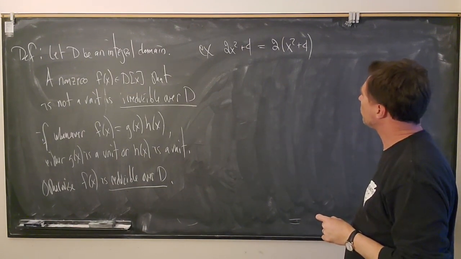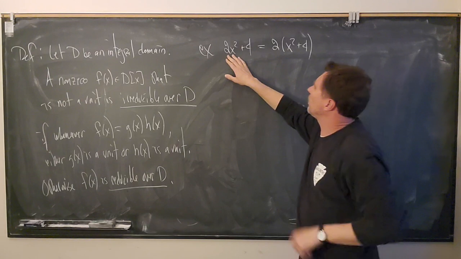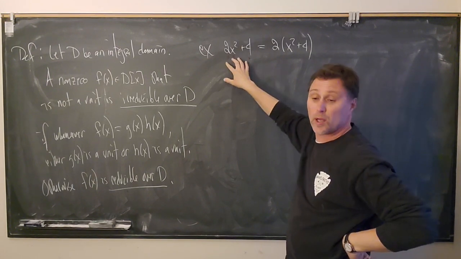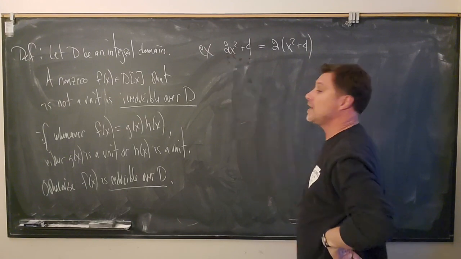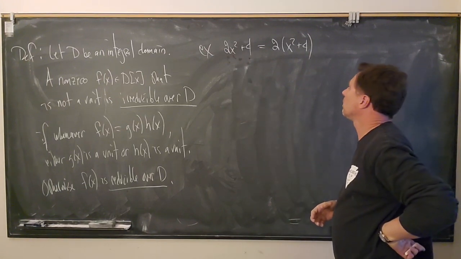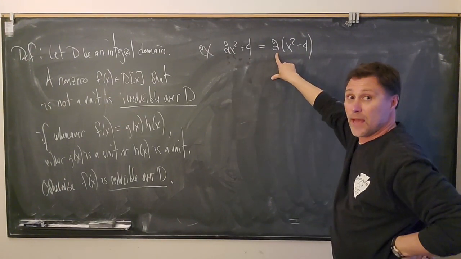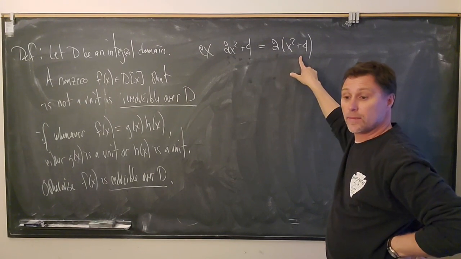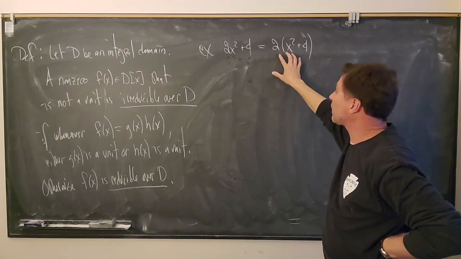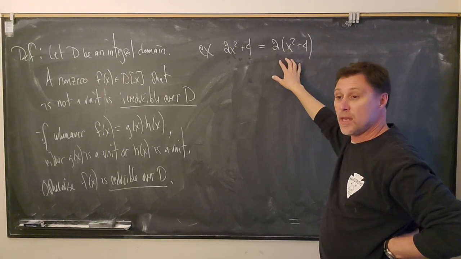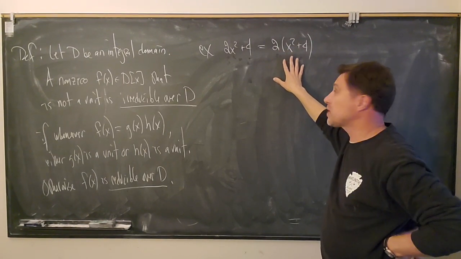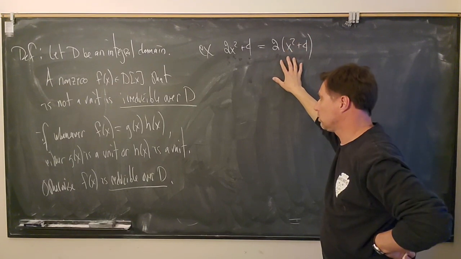And note that if we're using integers as coefficients, well, in Z bracket x, that's not a unit, and neither is that. And so we have factored this polynomial in a non-trivial way in Z bracket x. So this polynomial is reducible over Z.